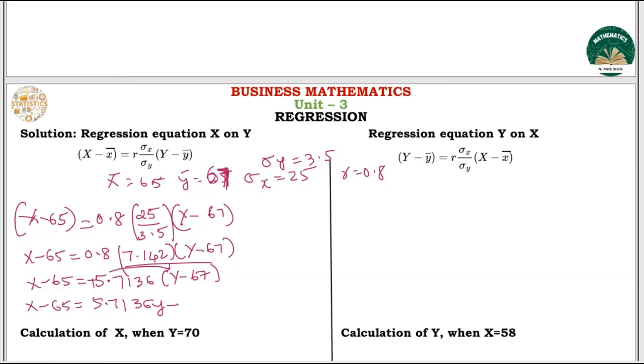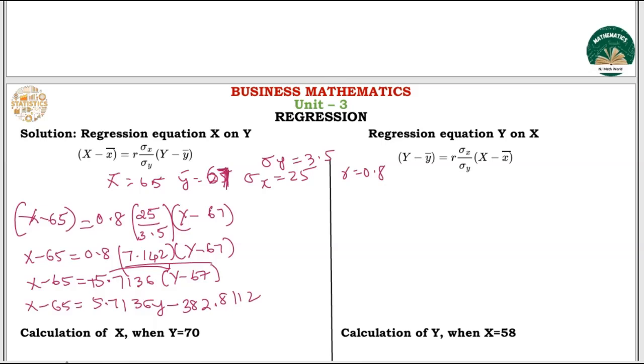If you multiply 5.7136 into 67, you get 382.8112.